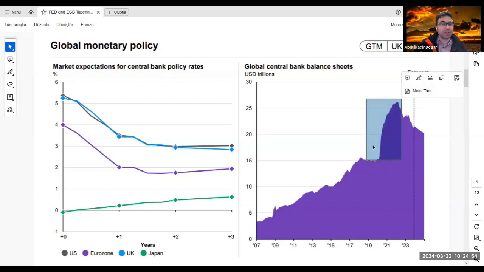From approximately 15 trillion to 27 trillion, a $12 trillion increase in the balance sheet of the central banks. This is what we call the quantitative easing period. Quantitative easing means that I am buying asset-backed securities onto my balance sheet, and I am giving United States dollars to the market at cheaper prices, zero cost, at the zero lower bound interest rate. I am buying those assets, which increases my balance sheet, and I am giving the money.